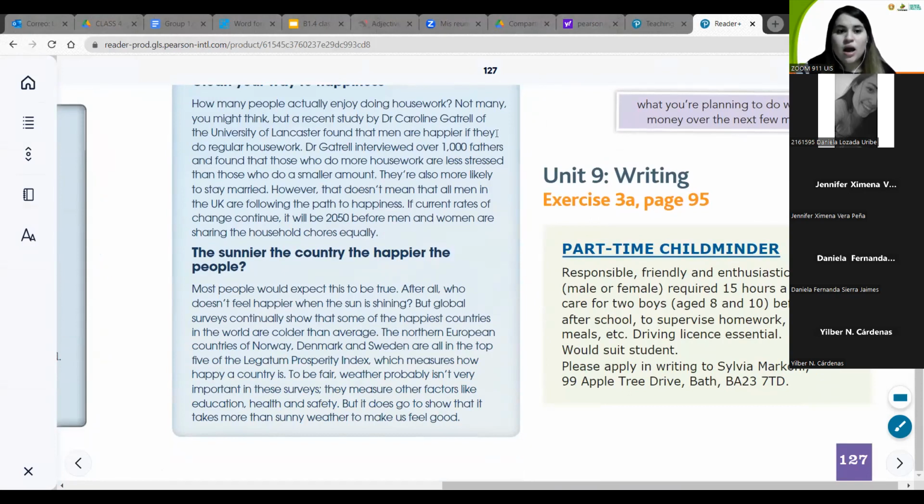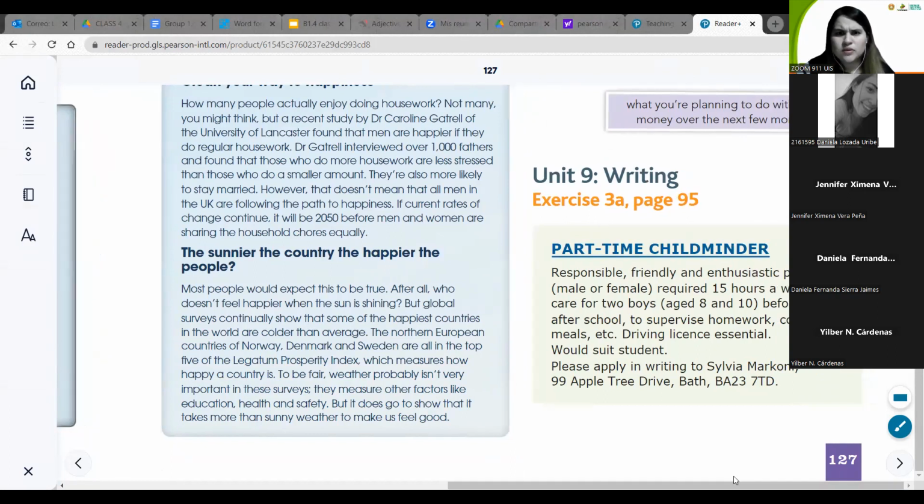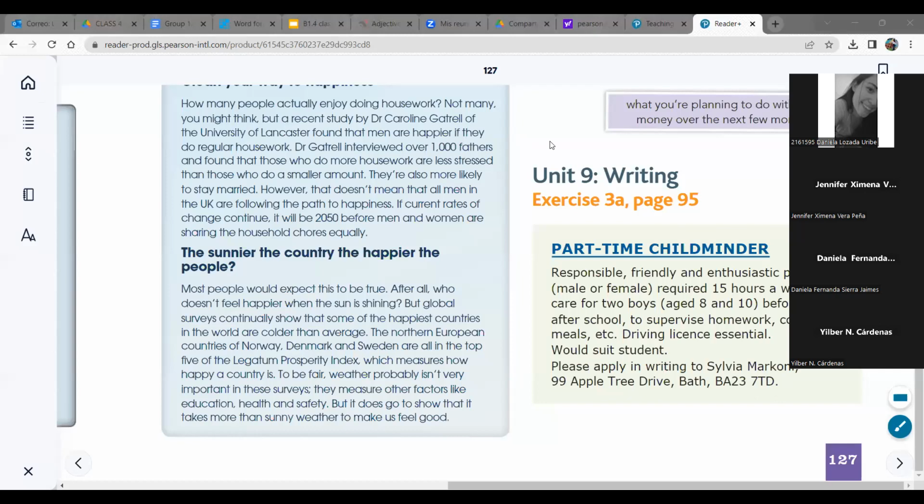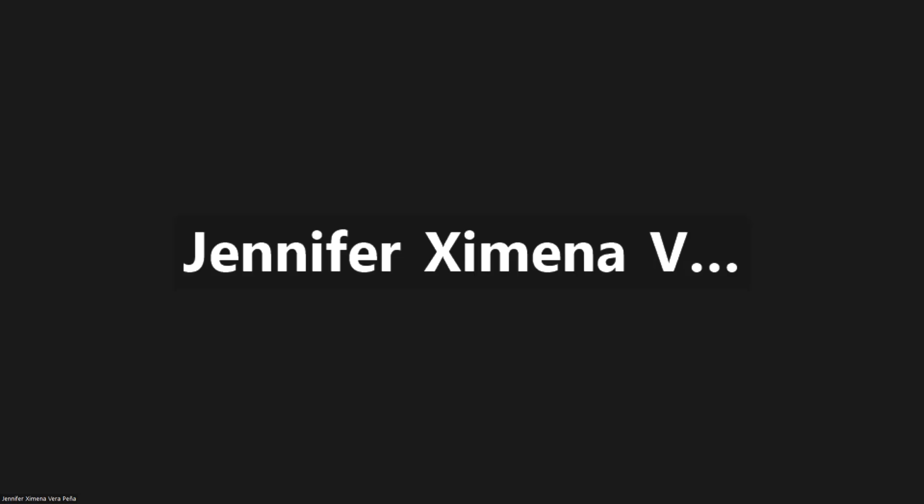Can you see my screen? Am I showing my screen or not yet? No, teacher. Page 127. On page 127, there is a second text, and you need it in order to answer the questions.